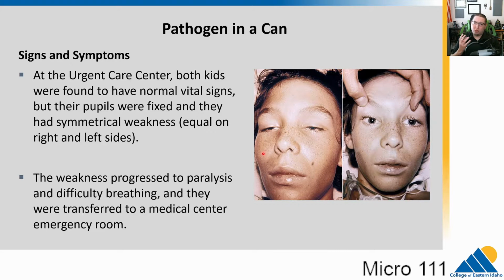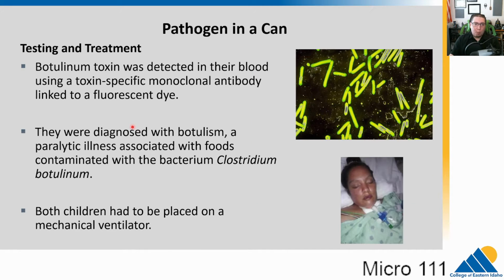You can see the muscles drooping, the eyelids drooping equally on both sides, and then these fixed dilated pupils. Scarily, this weakness progresses into paralysis and difficulty breathing. So they go to the ER and they are put on a ventilator to actually help them breathe.